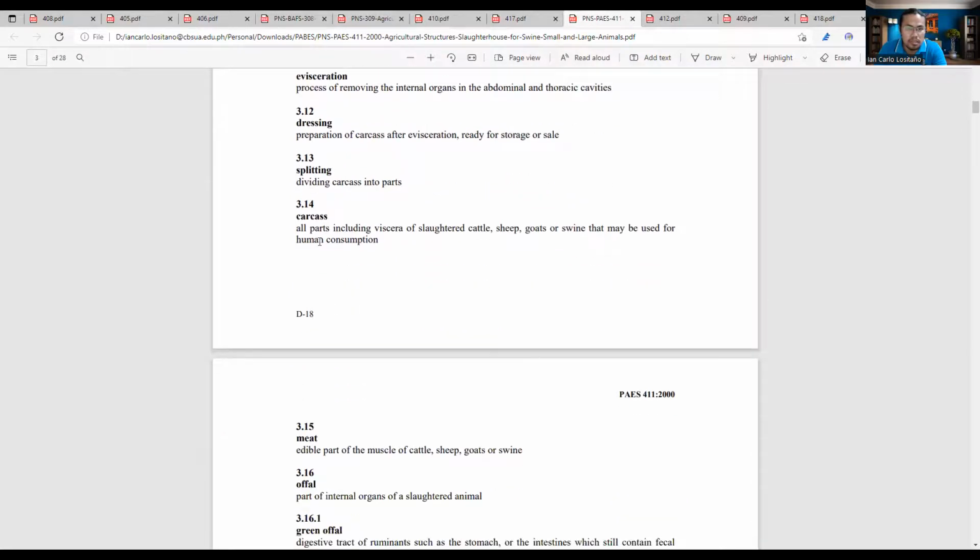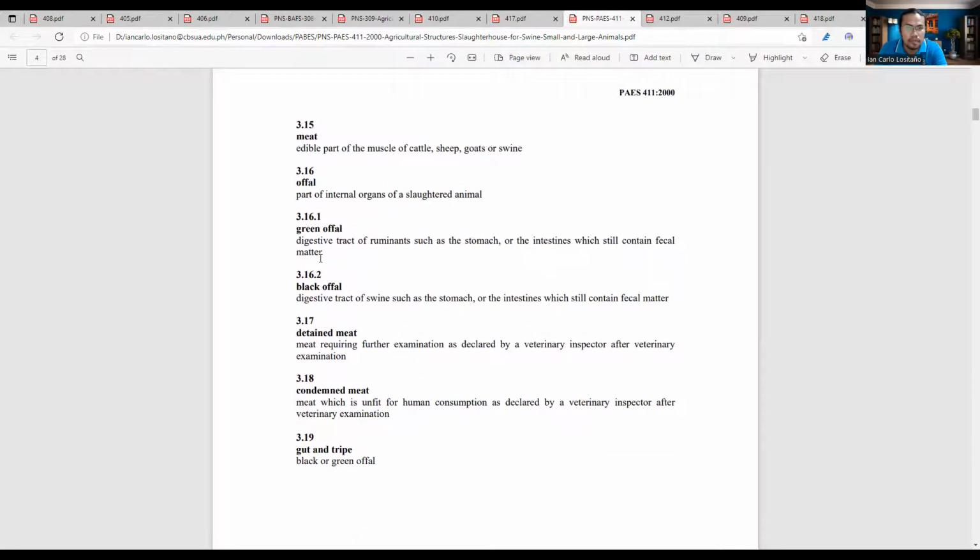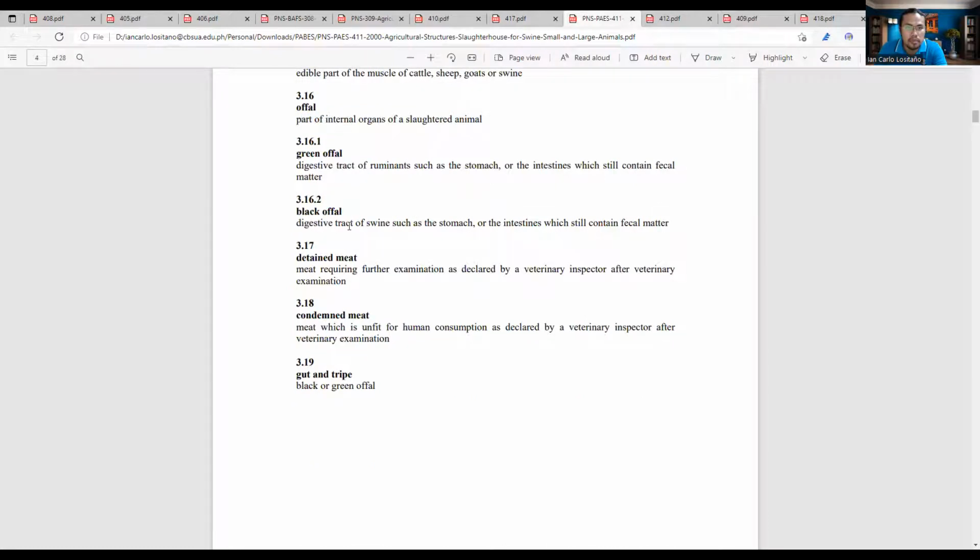The carcass is the slaughtered animal. Offals are the internal parts of the animal. The black offals, the digestive tract, probably still contains fecal matter, which is very much contaminating to the location, if ever. These are the terms.